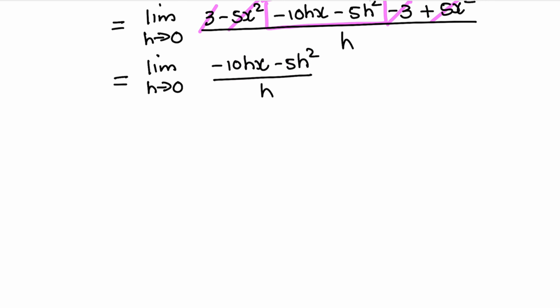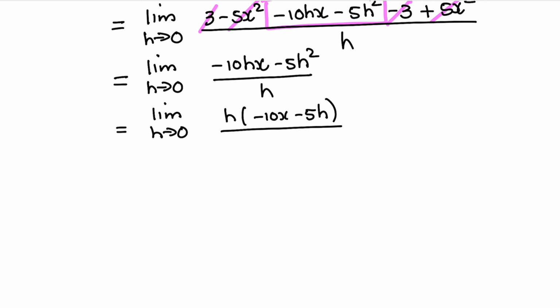So I can factorize. I cannot substitute the limit of h towards 0 yet because I would divide by 0. So taking out a common factor of h, I'll have negative 10x minus 5h in the numerator over h. So now we have h over h, and these two would cancel out.